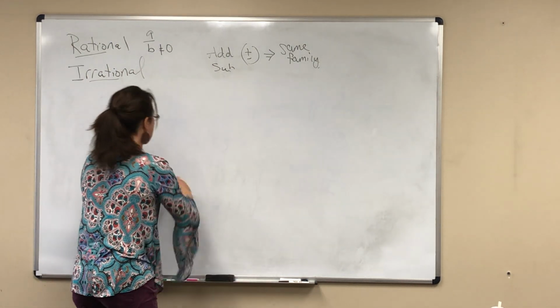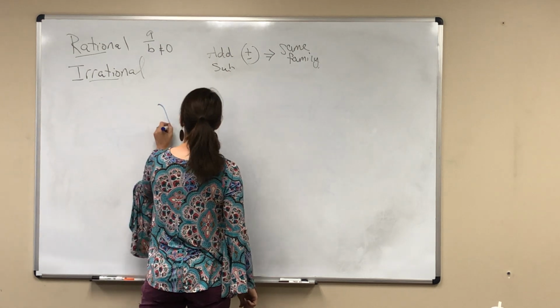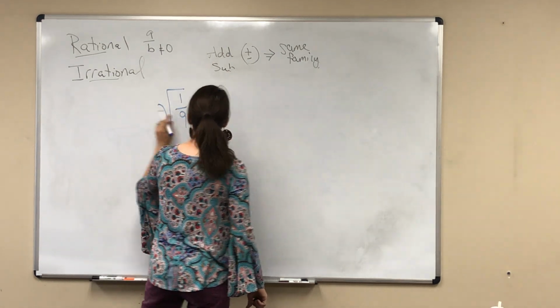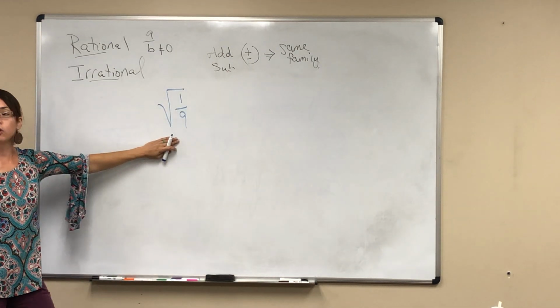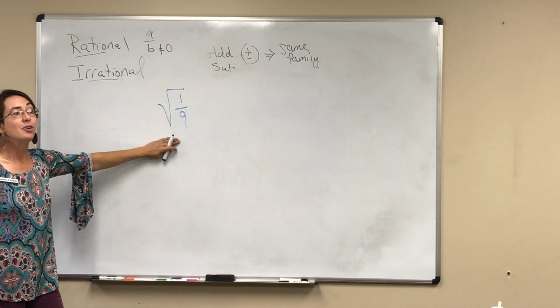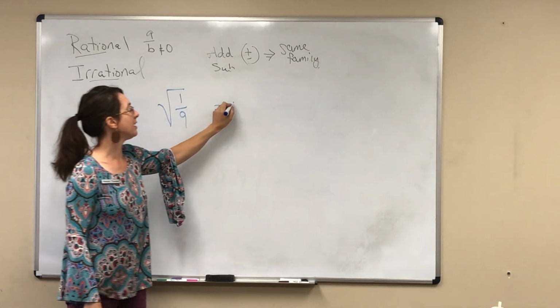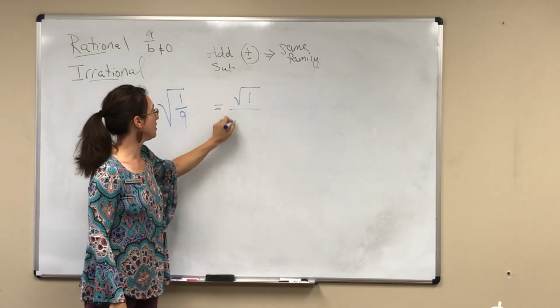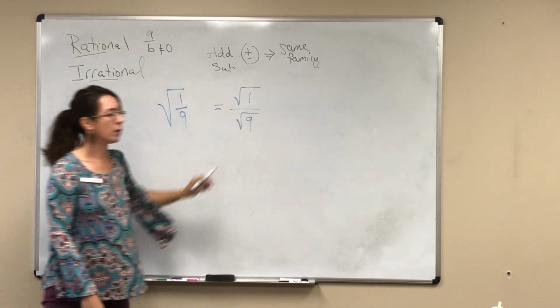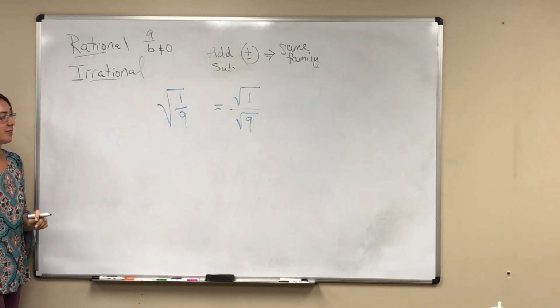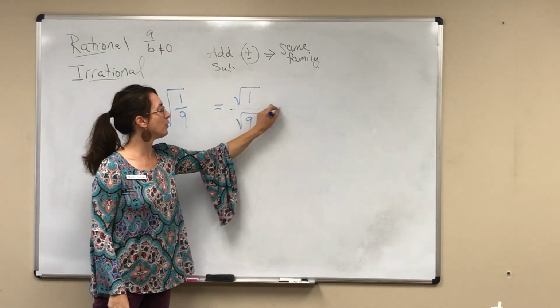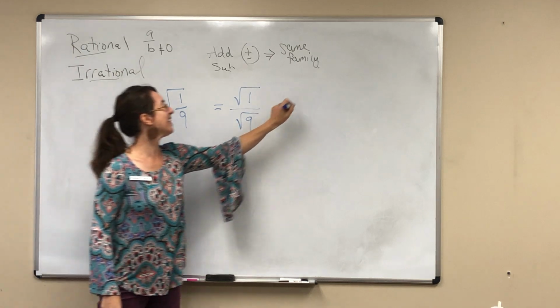Now, in the same way that you can combine them, you can also break them back up. So if I have the square root of 1 over 9, it means the square root of 1 over the square root of 9. What's the square root of 1? 1.